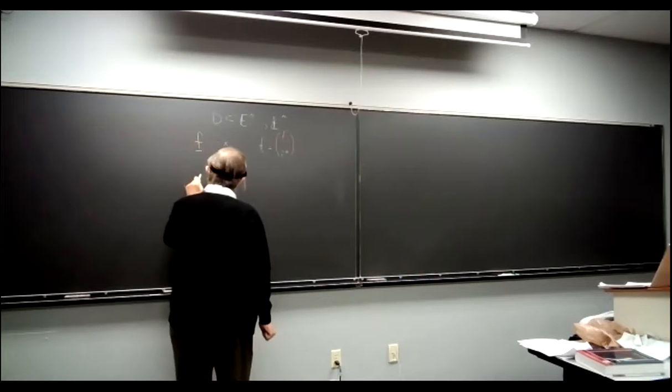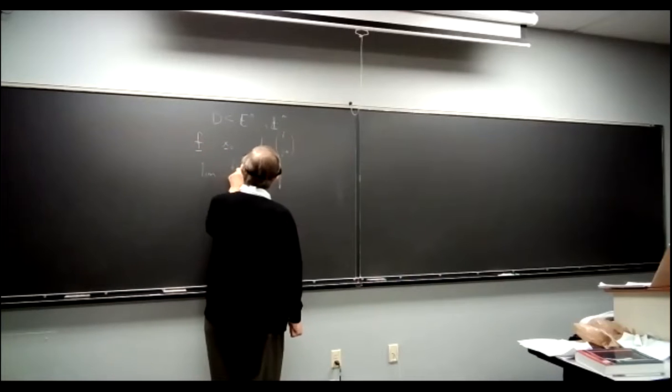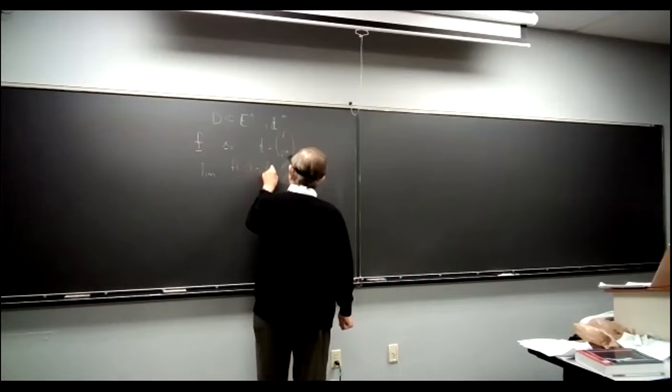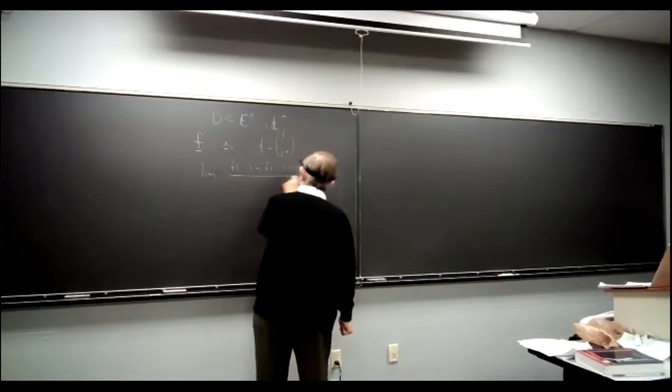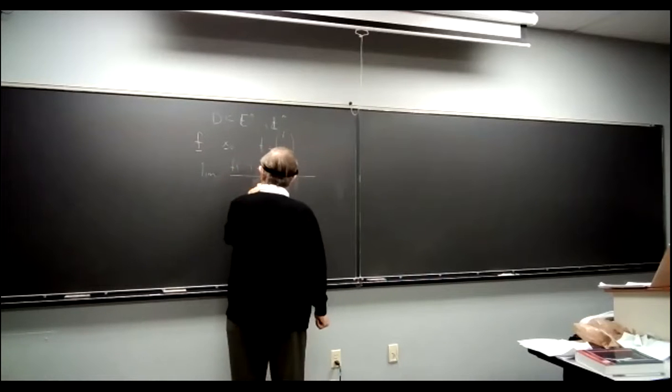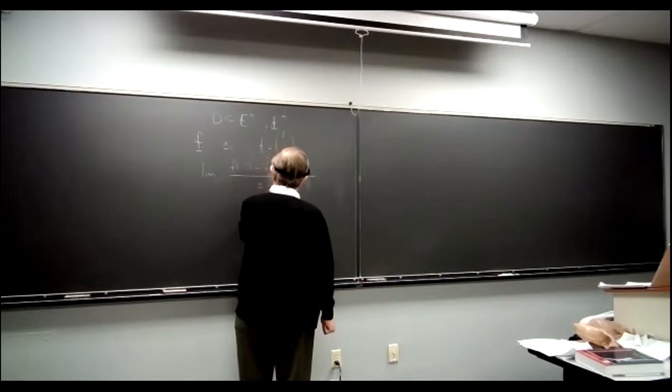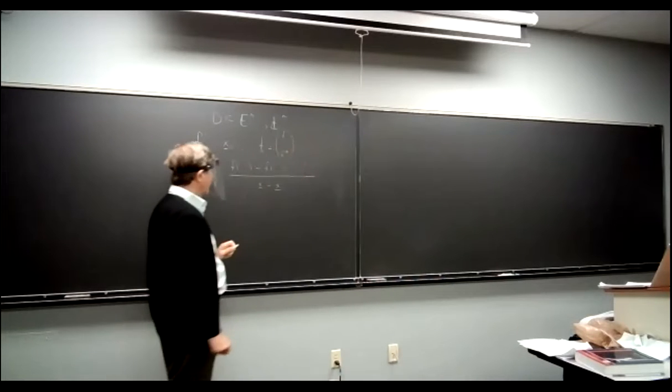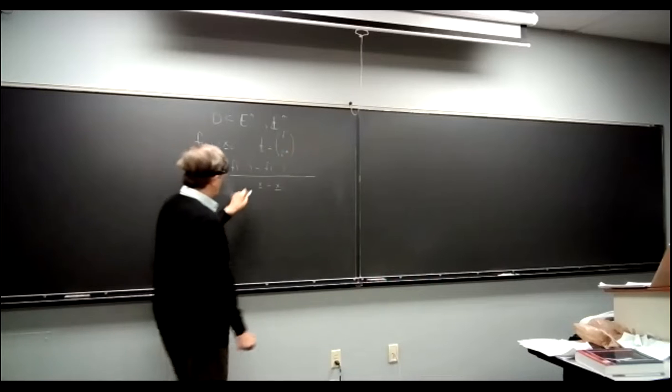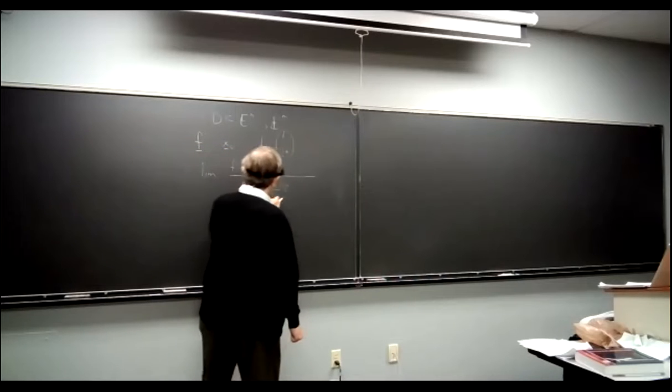Differentiability means that the limit of a difference quotient exists, and what I'm writing looks a little bit like what you have for Calc 1, except I can't divide by vectors, so I have to put a norm down here.